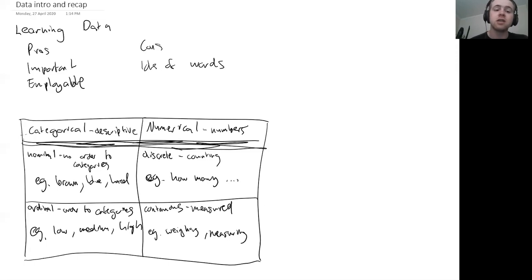So that would be a categorical nominal data set. Again, if I was talking about how many people are at Shaw School, that would be a numerical data set, and it would be a discrete one because we're counting.